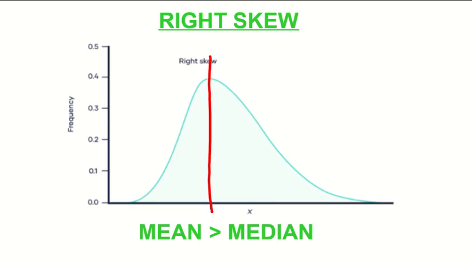And you can see on the right side how it's going longer out there, right? That's why it's right skew. When we have right skew, the mean is greater than the median. Write that down on your board so you got that. You just put right and then mean greater than median.